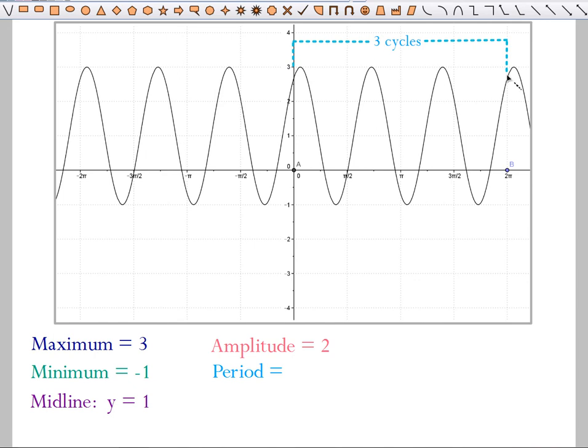It repeats itself 3 times. So within those 2 pi, I can divide that into 3 equal cycles. My period is 2 pi over 3. So it takes 2 pi over 3 radians to complete 1 cycle.